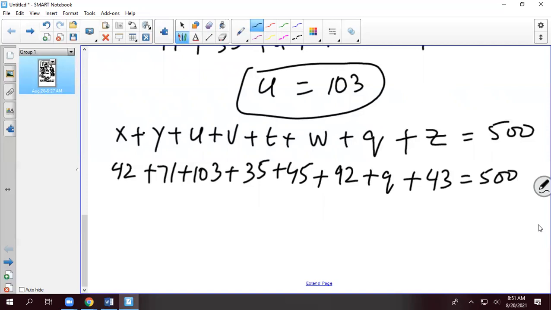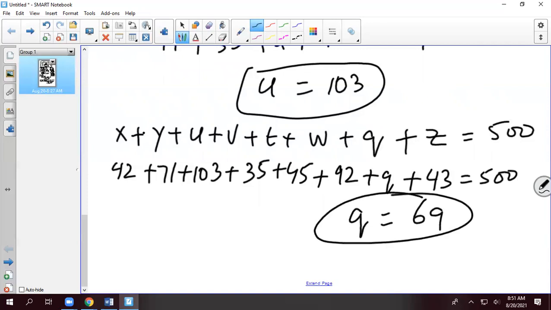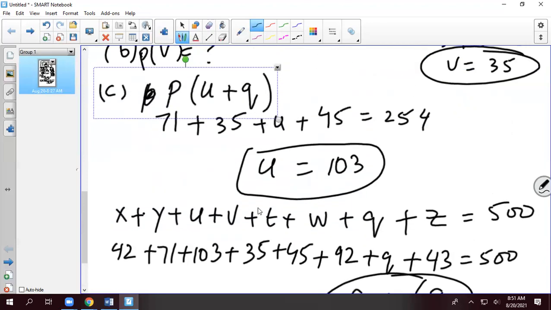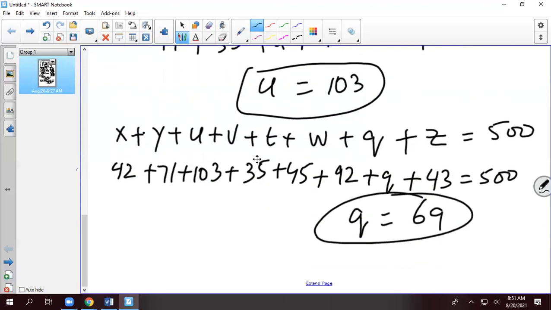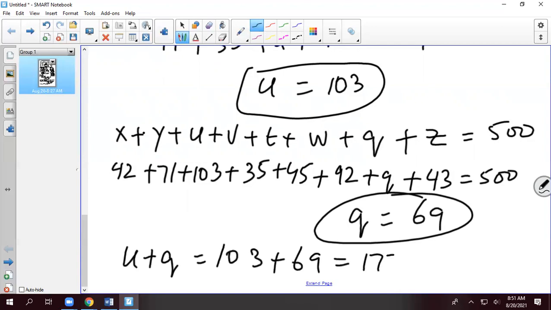And then you subtract from 500, you get 69. We needed U plus Q here. So U plus Q, 103 plus 69 equals 172. So 172 out of 500.